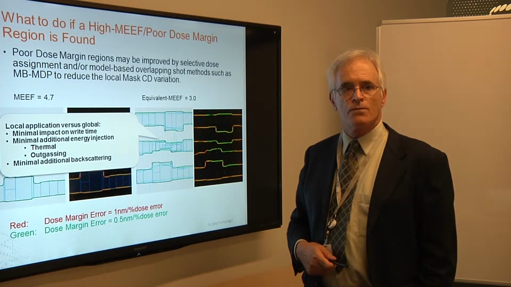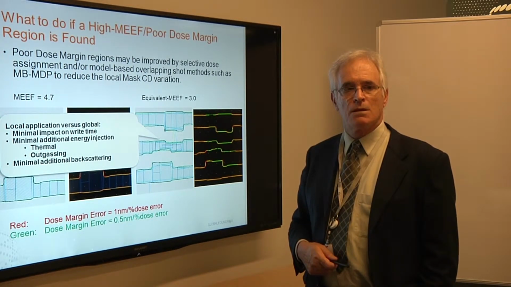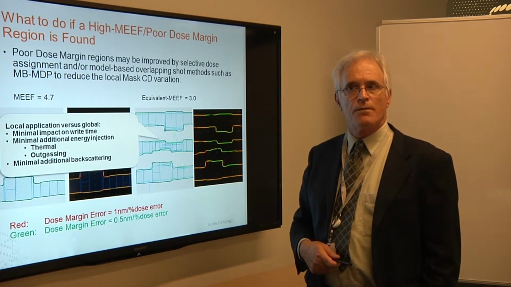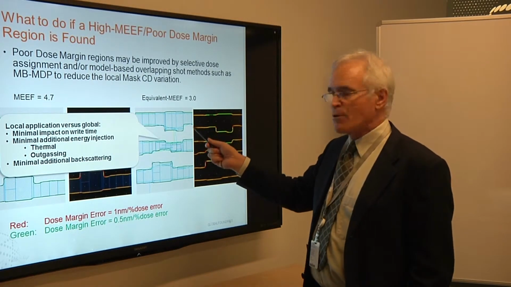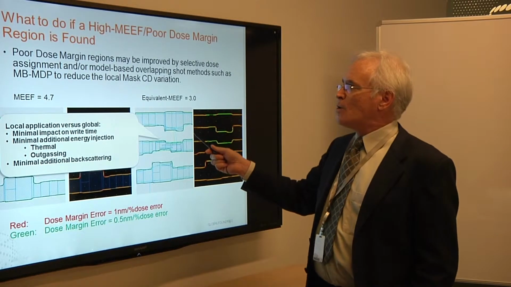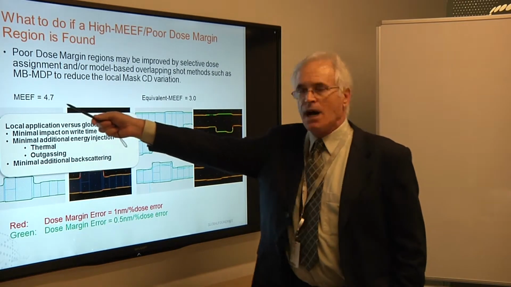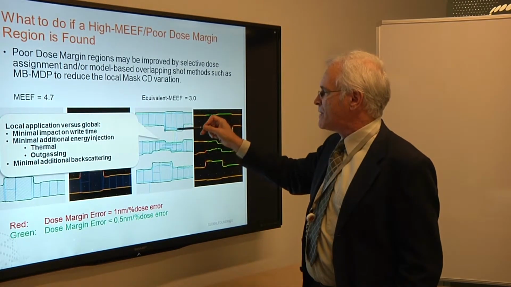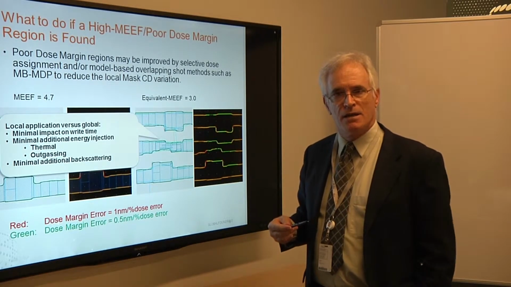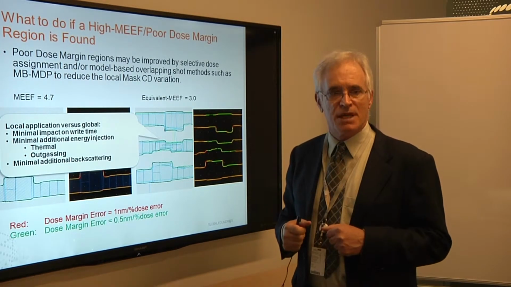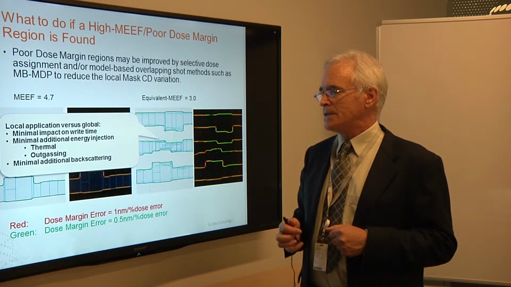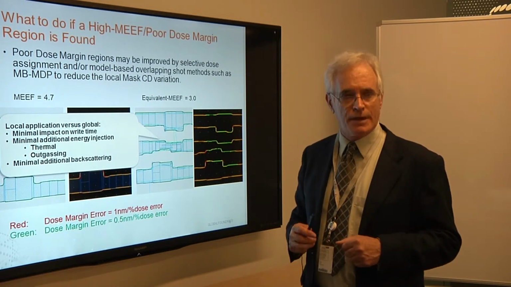So when we do simulation, what does that mean for write times? Well, we're only adding shots, in this case, where we really need it. We're adding it where the MEF is very high and the mask variability is very high. High MEF and high mask variability is a recipe for catastrophic yield failure.